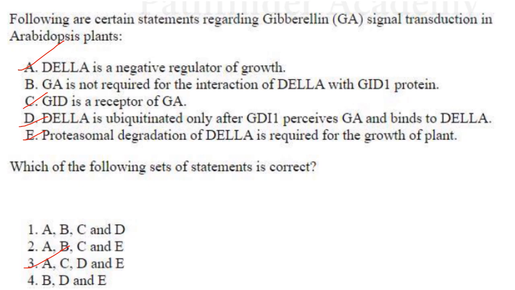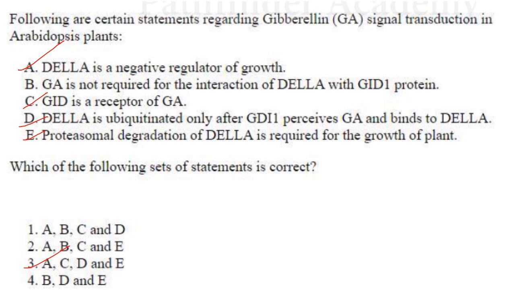Now what will happen once this GID1 DELLA complex forms? Once this complex is formed, it promotes the ubiquitination of DELLA proteins and thereby their degradation by the 26S proteasome. So once DELLA is degraded, the cells get released from its repressive effect, because DELLA is a repressor of plant development.